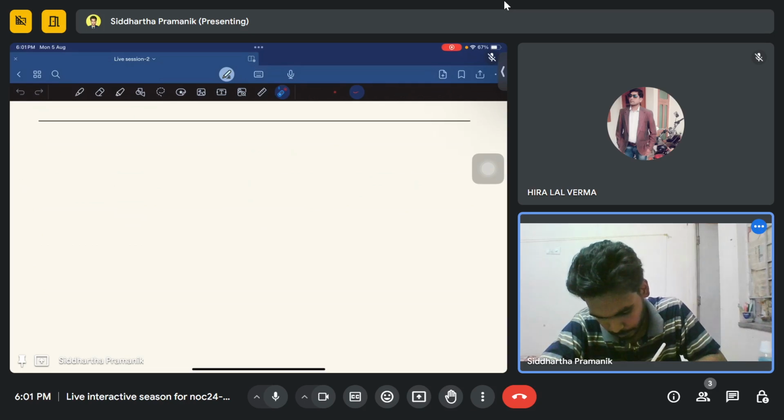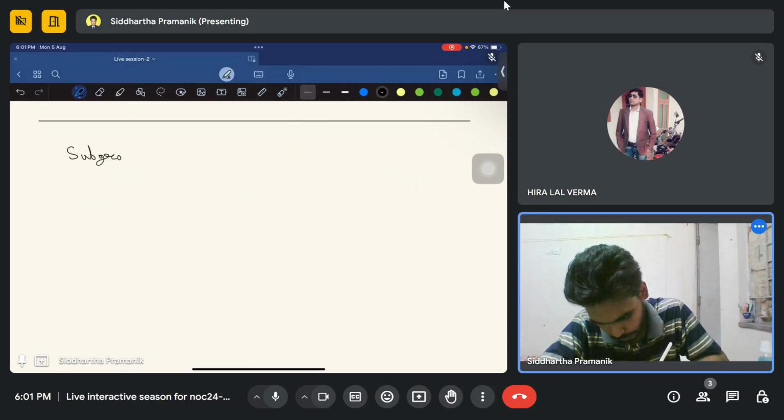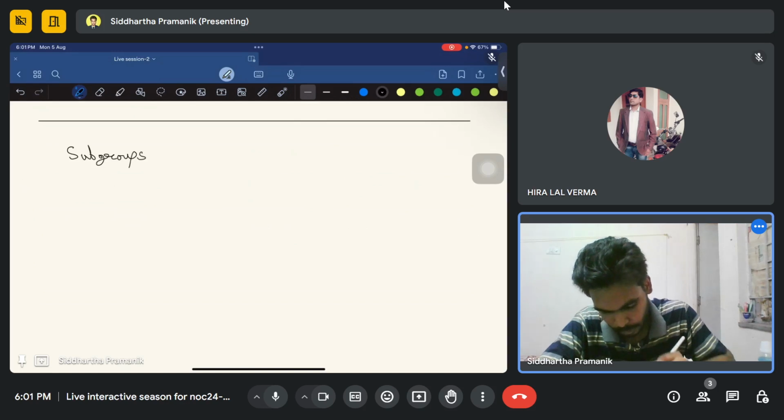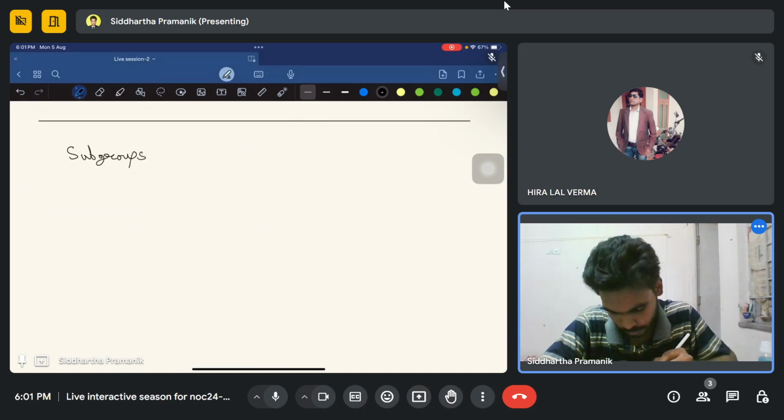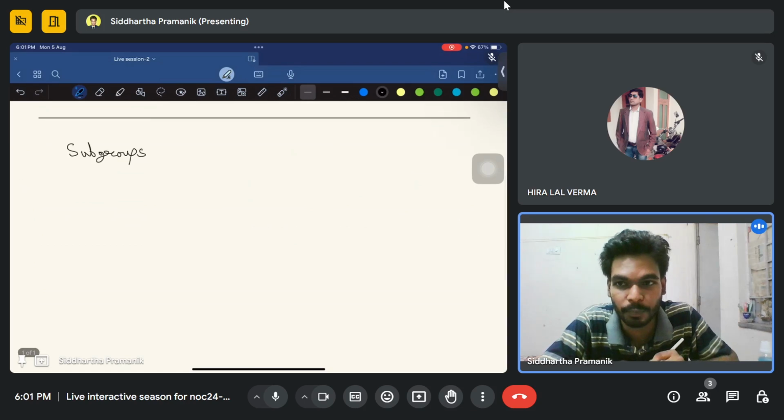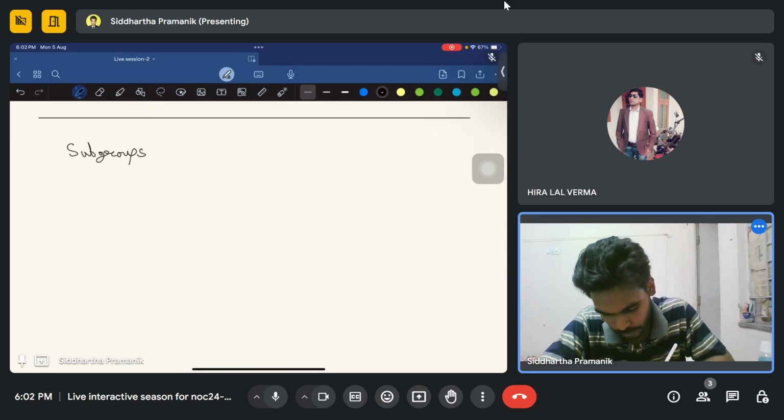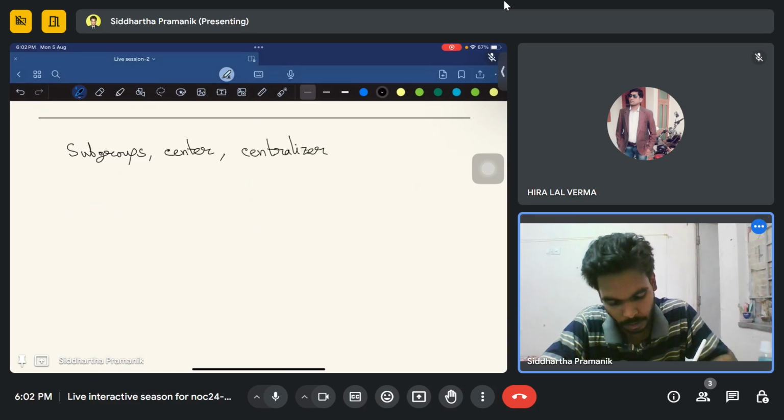In the second week, we saw what we mean by a subgroup of a group and some special kind of subgroup, namely the center of a group. Also, we saw the centralizer of an element.